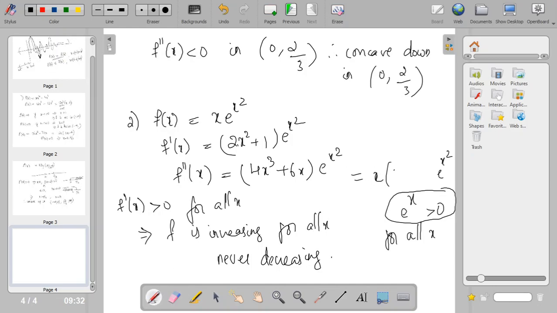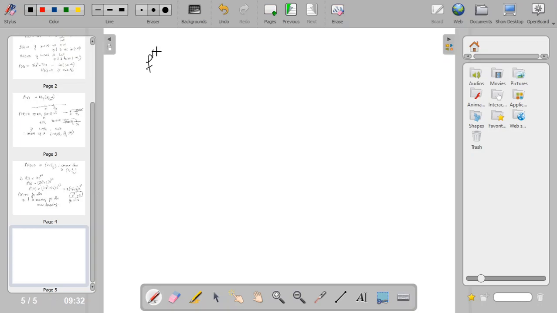Here it is x into 4x square plus 6, sorry for the mistake. Okay, now we will look at f double dash of x. So f double dash of x is x into 4x square plus 6 e raised to x square.